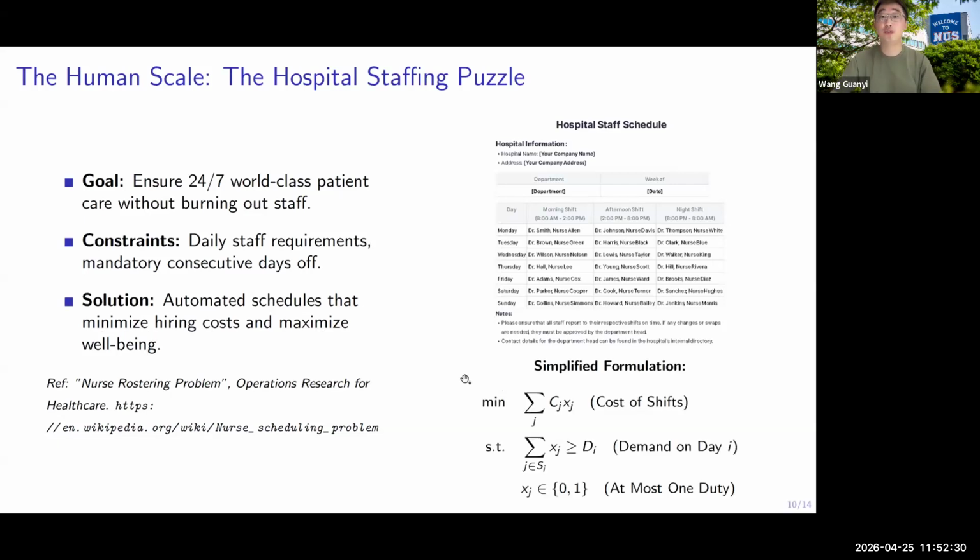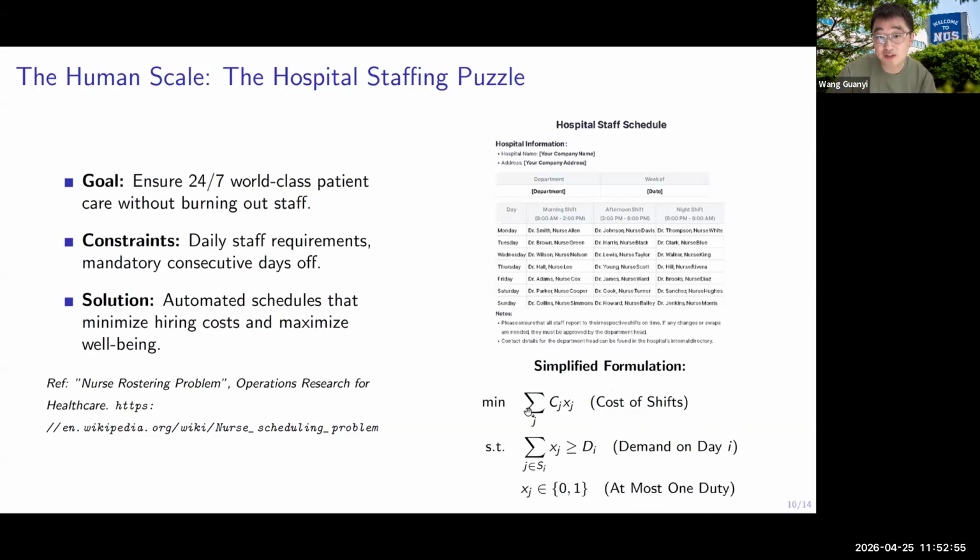If you check the right-hand side figure, every x_j denotes the duty of some specific hospital staff member.